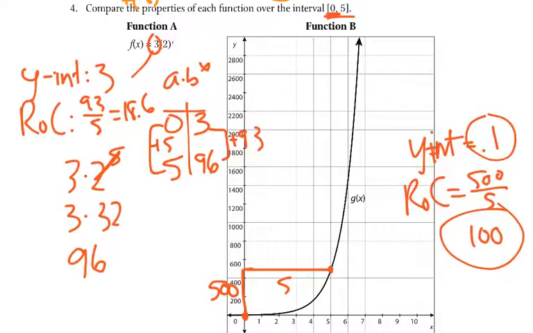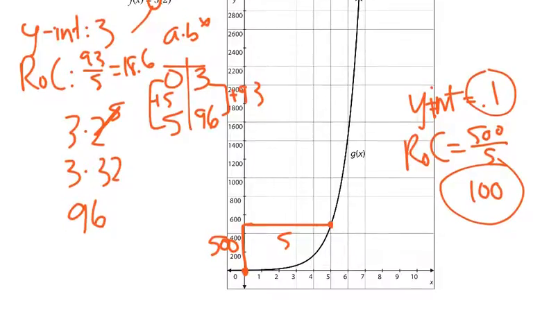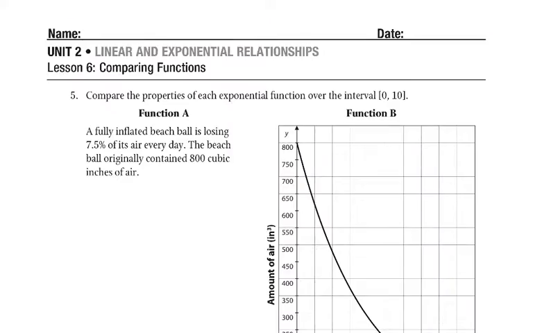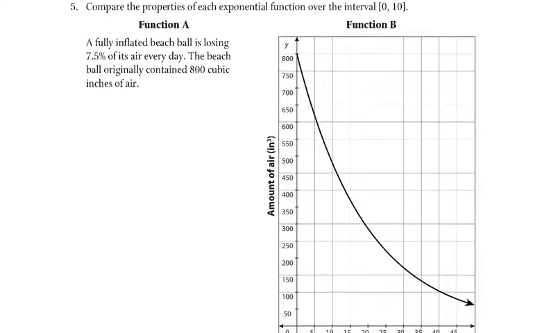Okay, then function A. Alright, number 5. So these just take a while because they're not as simple as the linear, are they? Interval 0 to 10. So at 0, your y-intercept, function B, you're at 800. Okay, we're going clear to 10, which is right here.